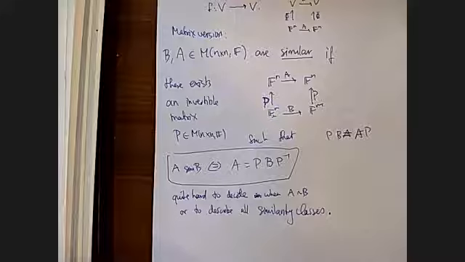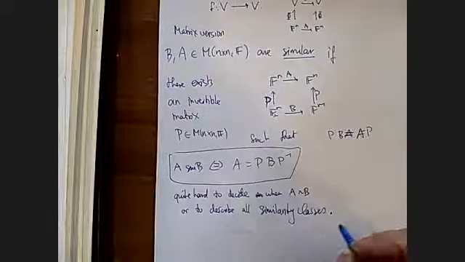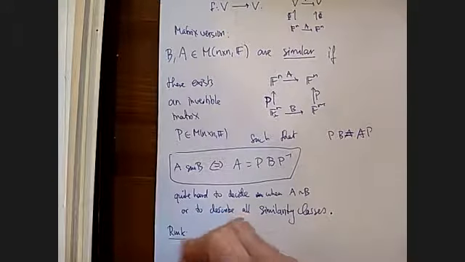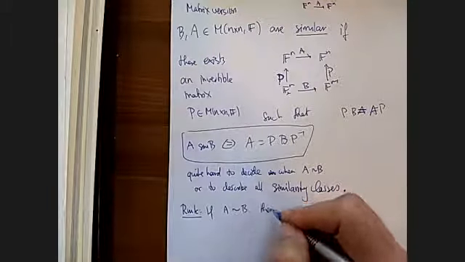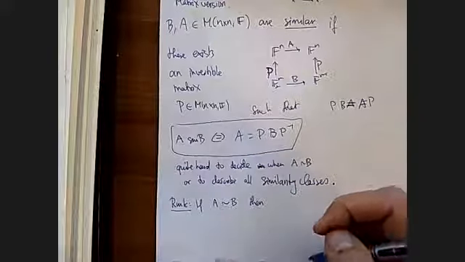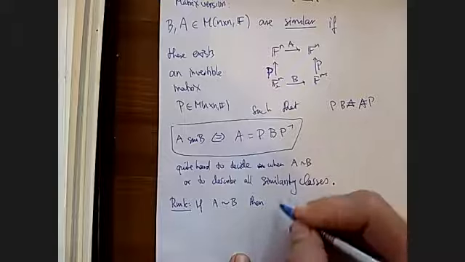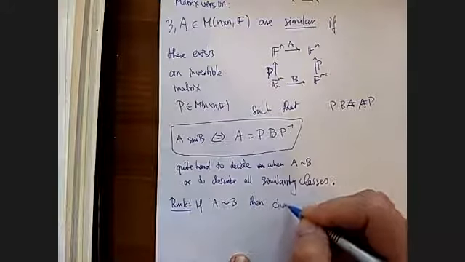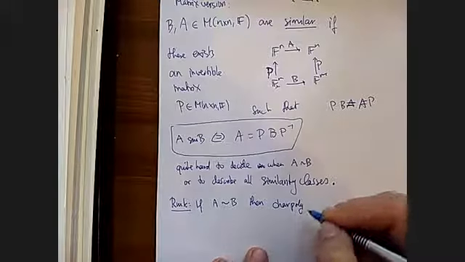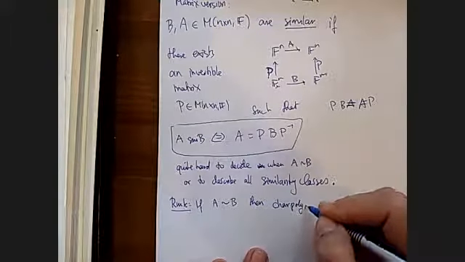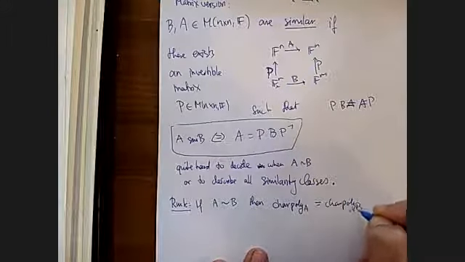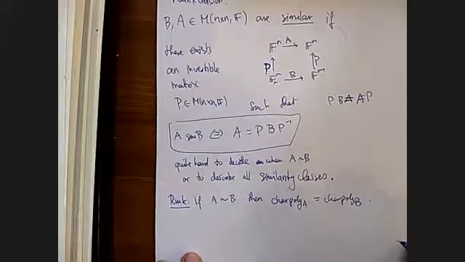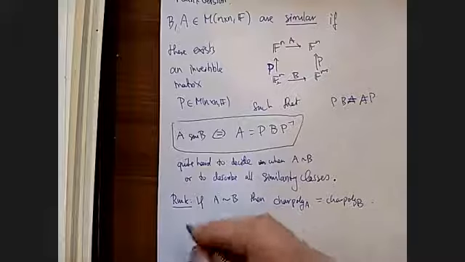Let me say first of all, though, that if A is similar to B, then these two matrices have the same characteristic polynomial. Also, in particular, they have the same determinant.